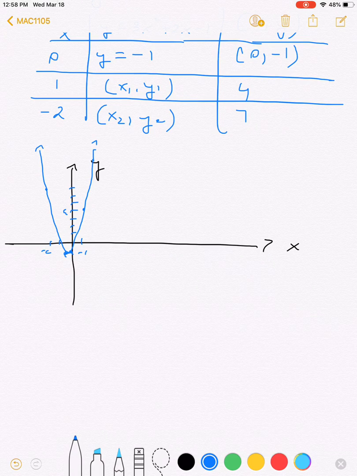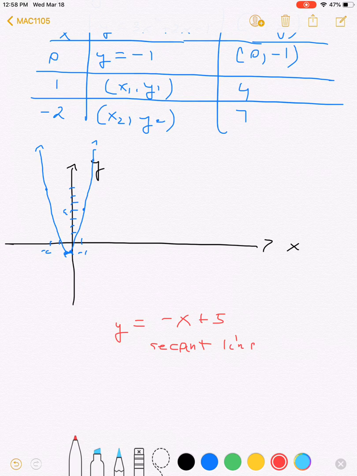Okay, and in the problem, they ask you to find the equation of the secant line, which we already found. The secant line is given by y equals -x plus 5. That's the secant line. I told you the secant line is just a straight line which cuts the graph at points x1, y1.